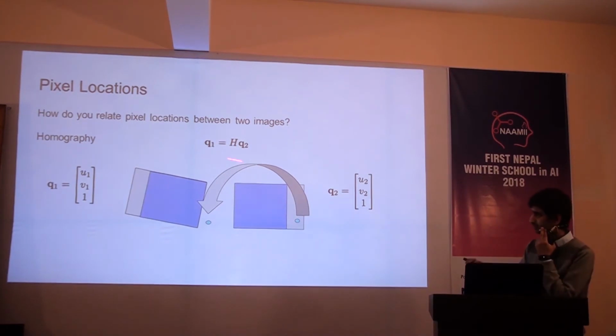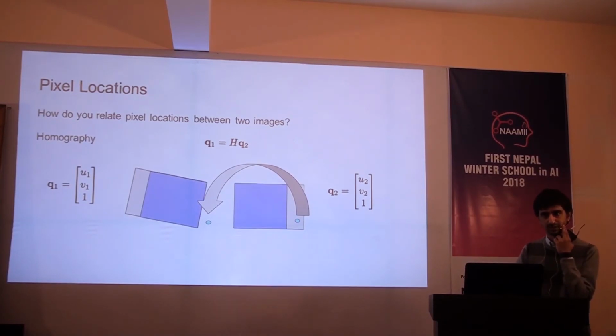So this kind of registration is called homography. So here you have a 3 by 3 matrix, and the scale is again irrelevant because it's a homogeneous coordinate system. That's why it has 8 degrees of freedom.